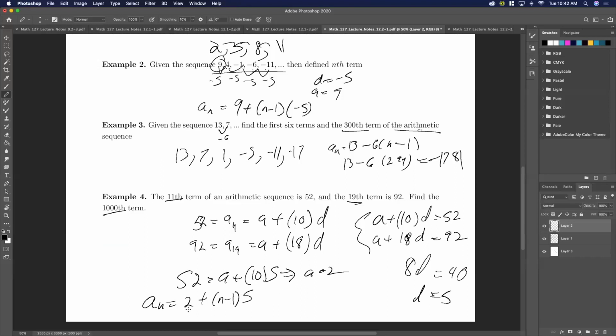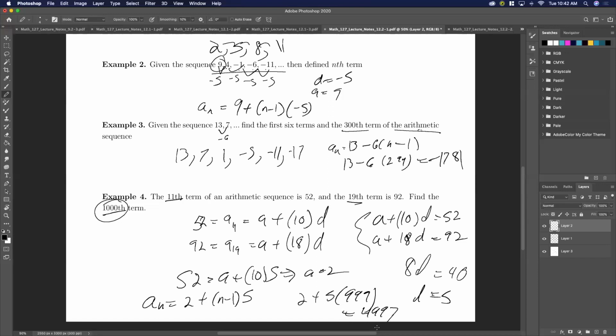What am I asking you to find? The 1,000th term. So it's 2 plus 5 times 999. 5 times 999 would be 4995, plus 2 is 4997.